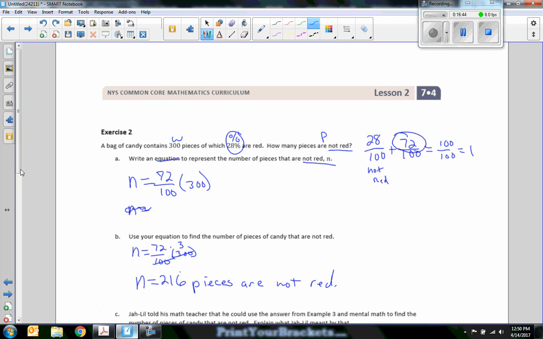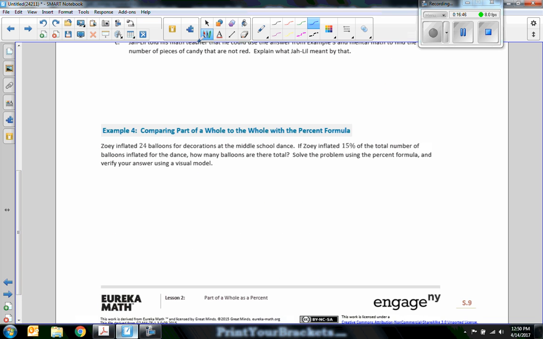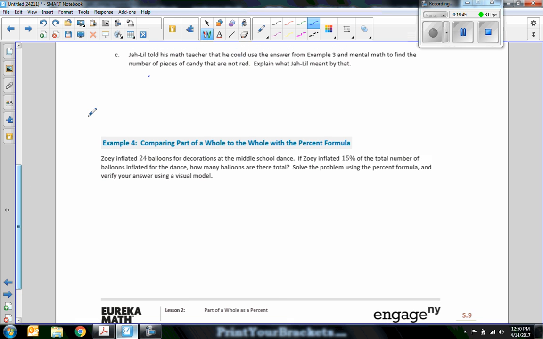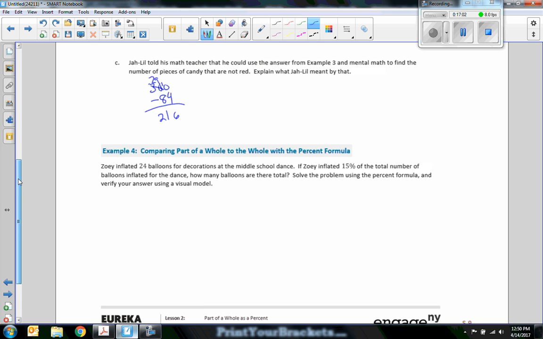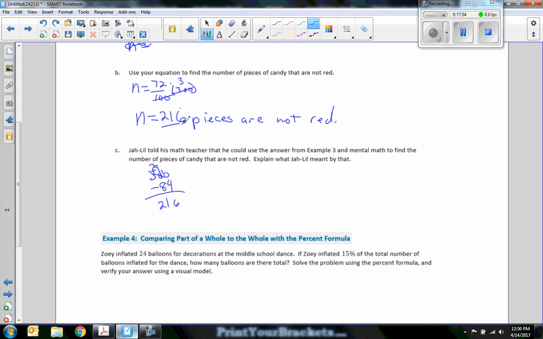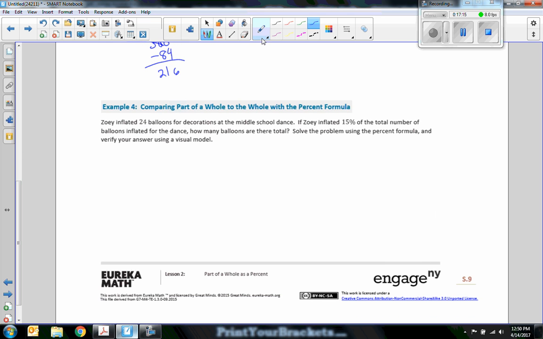So what Jalil's saying is he was going to take that 300, subtract 84, and get 216. And that is what I had here. So if you already know how many are red, the rest have to be not red. So just subtract that from the 300. That's what you do.